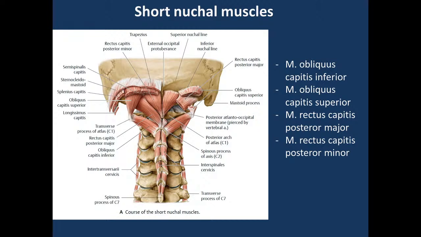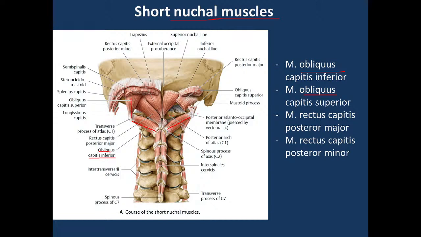Some of the deep and short muscles we call nuchal muscles, located between the head and the two first vertebrae, atlas and axis. And there are two groups of oblique muscles. This is obliquus capitis inferior in Latin. Here is the English name.